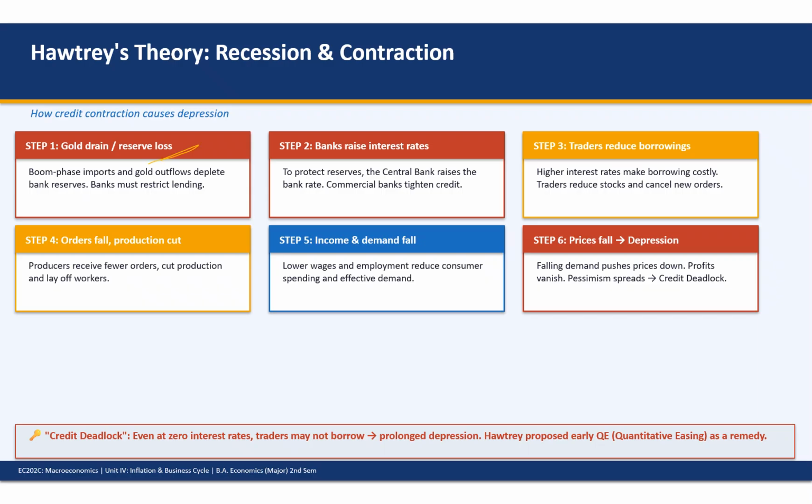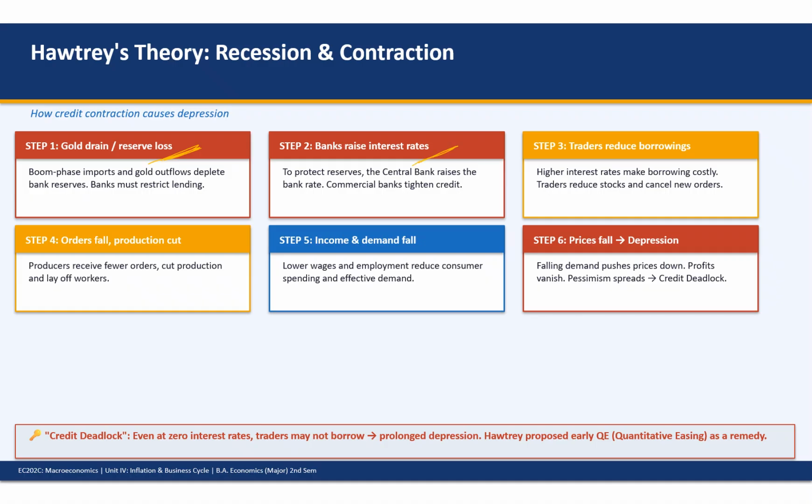That is step one. In Hawtrey's time, in the boom phase, imports and gold outflows reduced bank reserves, so banks had to restrict lending to protect their position. Next, the banks raise their interest rates and commercial banks tighten the credit.